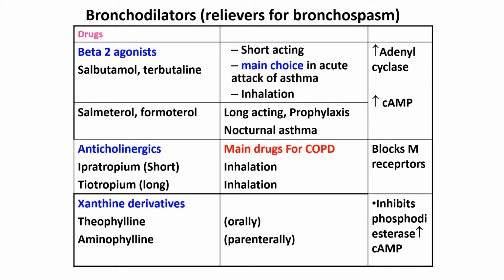But there is one bronchodilator, that is long-acting beta 2 agonist, that is actually clubbed together with the controllers, because in spite of having bronchodilator activity, it is usually given as a prophylactic agent, mostly in combination with the inhalational corticosteroids.